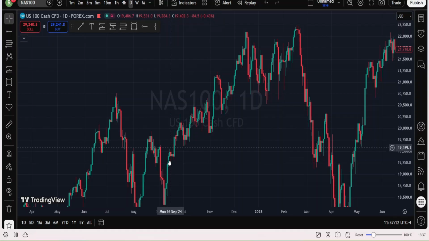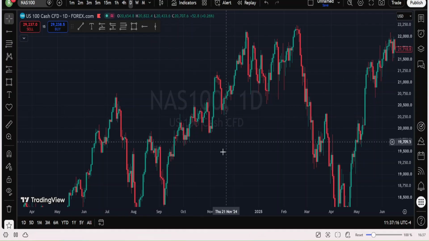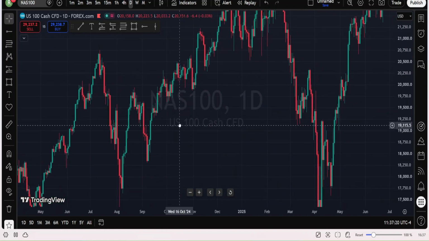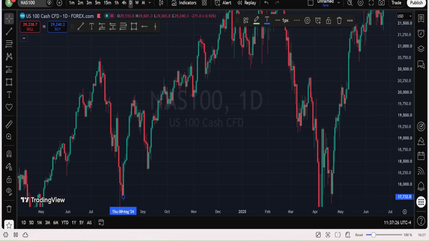Like if you're watching from this daily time frame or going to the weekly time frame, you're watching what's the overall trend. As we said, we are using this chart. We can see from here that the market has been in an uptrend. So we can easily say we are in an uptrend in this market.